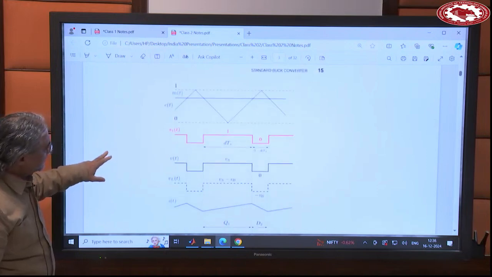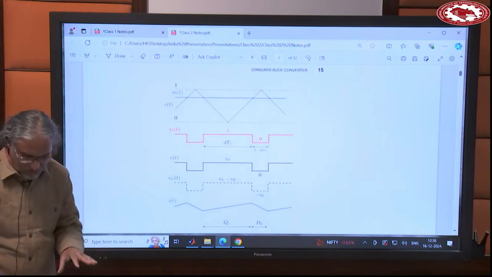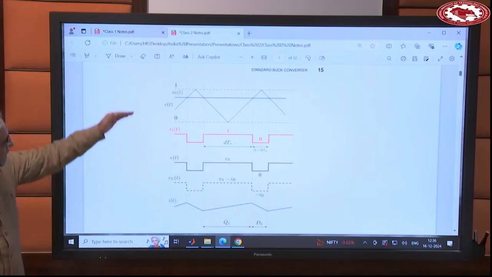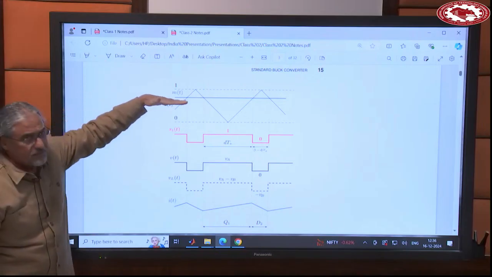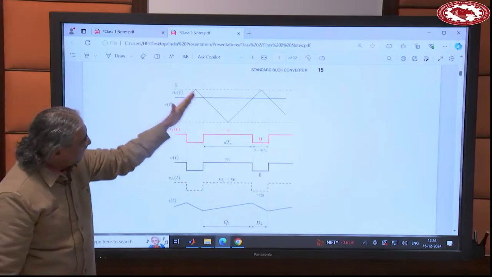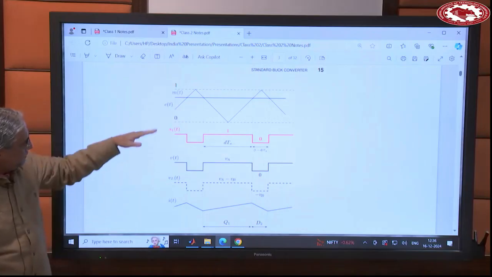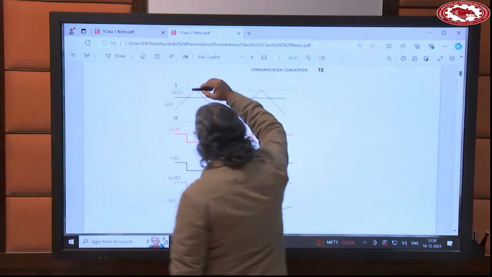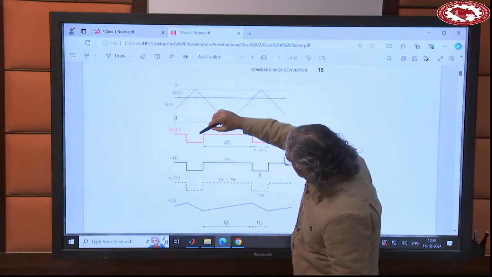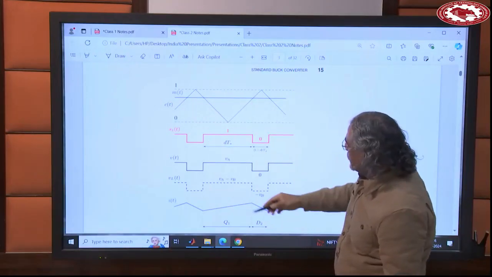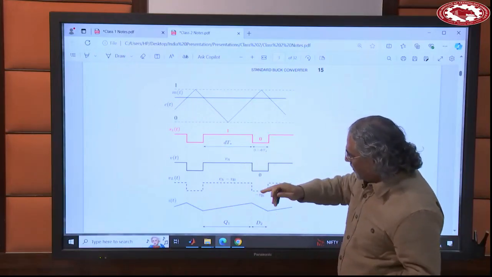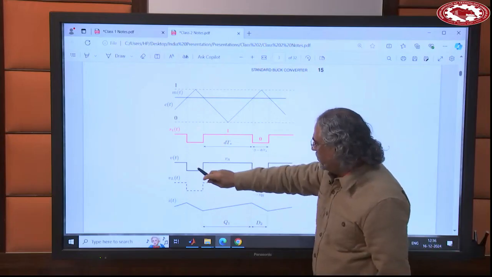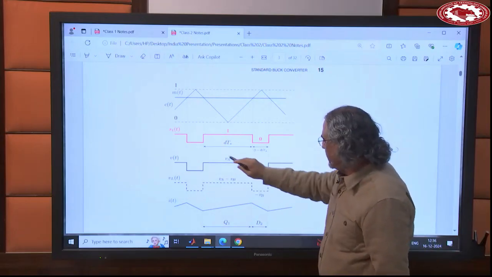So for instance, in the context of this buck converter that we just discussed, let's say m is a constant, right? And this is the carrier waveform between 0 and 1. And then when m is larger than c, you have 1, and then you have 0 here. So this is the voltage across the diode, which is either 0 or VA.